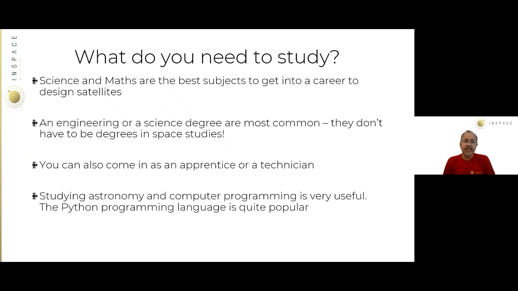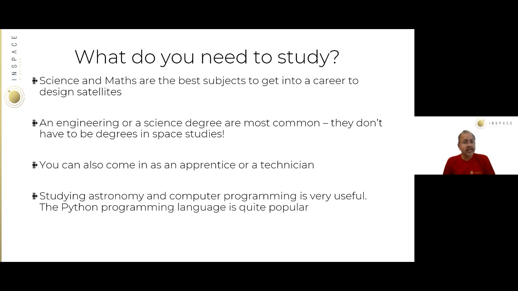So there are people who have done electrical engineering like me. There are people who have done mechanical engineering and systems engineering, and people who have done science subjects like physics and maths are also quite popular because there's a lot of maths and science that goes into the design of satellites.